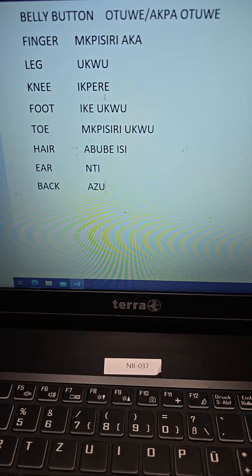Foot, iko ụkwụ. Toe, mkpịsịrị ụkwụ. Hair, abụba isi. Ear, ntị. Back, azụ.